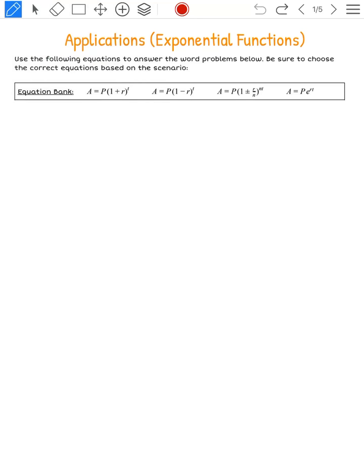So the first 2 look pretty similar. Notice the only difference is the addition sign for 1 plus r or the subtraction sign for 1 minus r. In both of these situations, P represents the starting amount or cost or population. A represents the final amount, which is usually what we're trying to figure out.